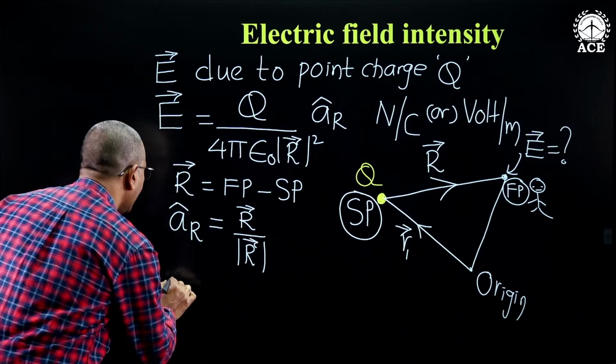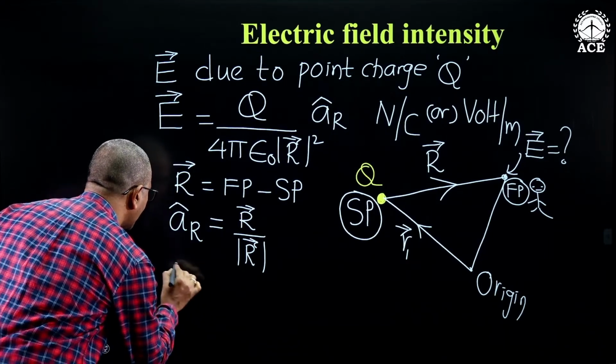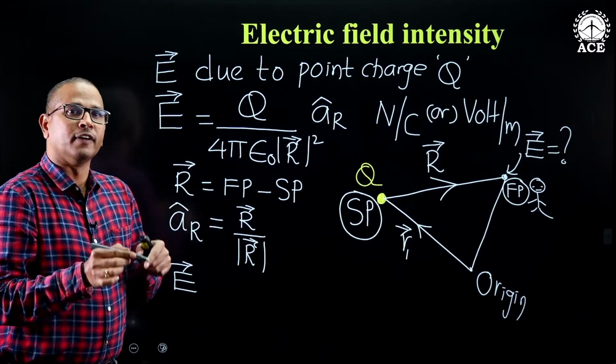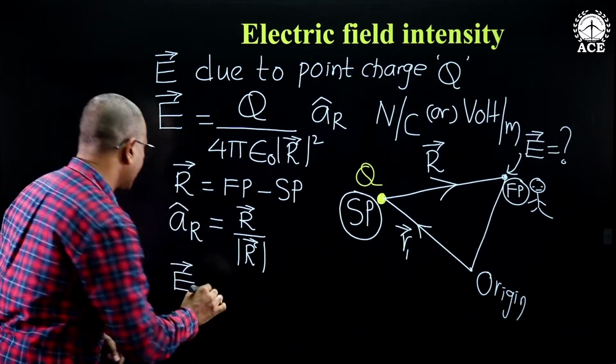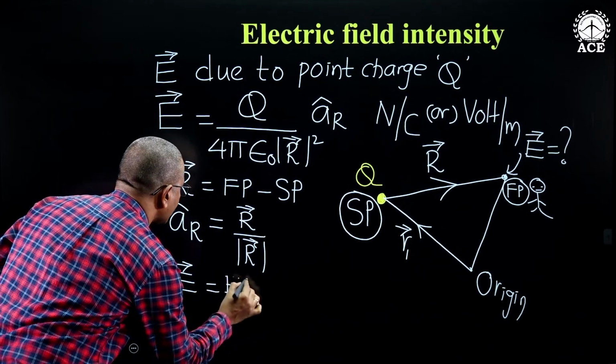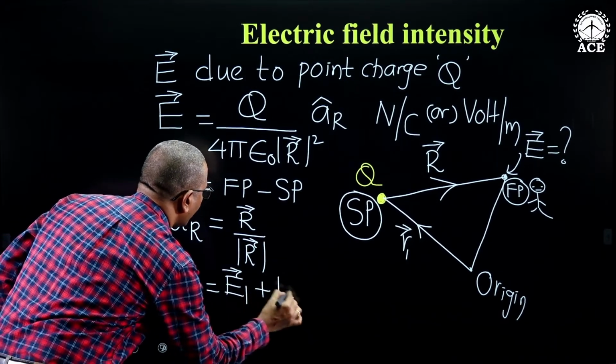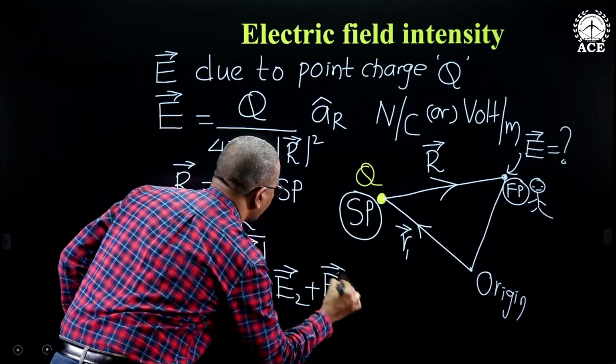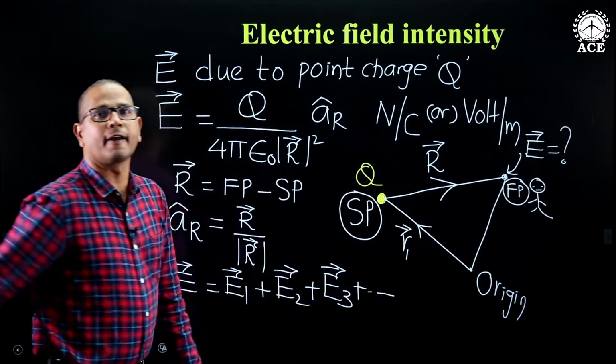So if there are n objects in the region, the electric field intensity due to n objects will be the vector sum of the fields due to individual objects, E1 bar plus E2 bar plus E3 bar and so on, En bar.